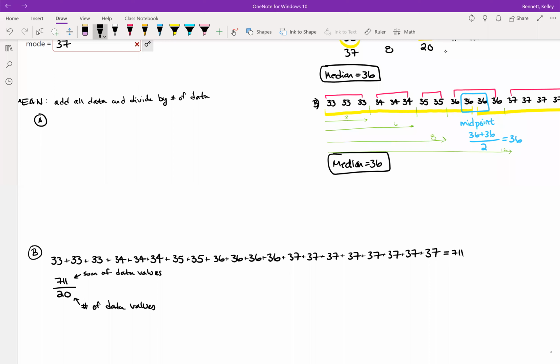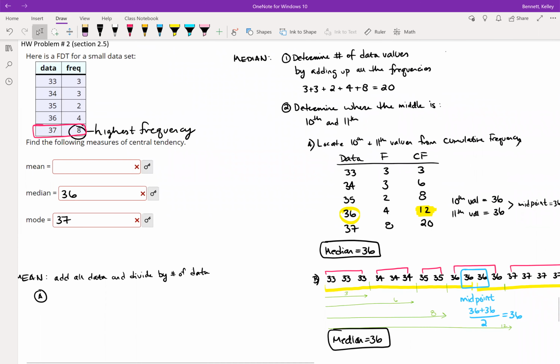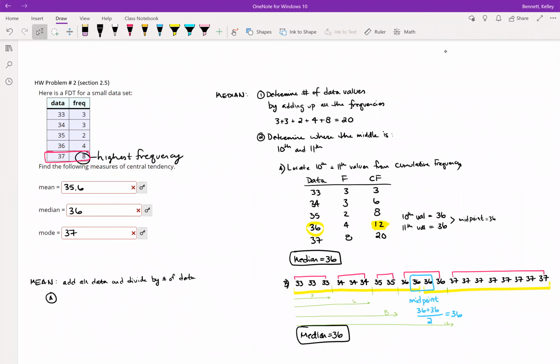So 711 divided by 20 is 35.55. And we're going to round that to 1 decimal place. I think this question, someone mentioned that they wanted 2 decimal places. 35.6. So be aware that it might want that. I can't remember how it's programmed.